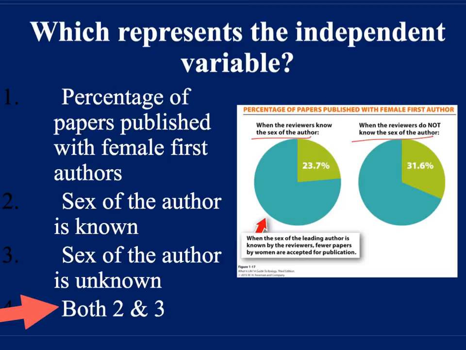That's our dependent variable. That's the thing that we think is the cause. Do the reviewers know the sex or do they not know the sex? And our response, our independent variable, is the number of publications written by women that are actually accepted. So hopefully that kind of helps to clarify.